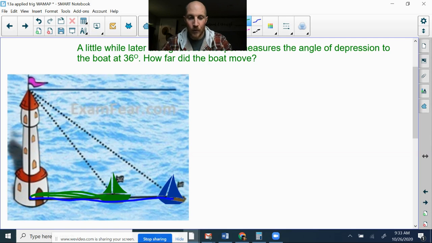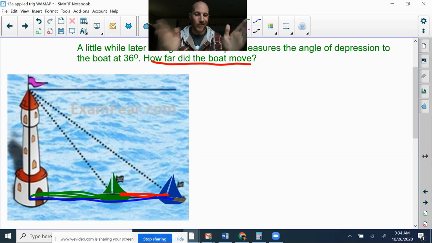Once I have both of those two distances, I can subtract, and that difference will be how far the boat moved. So do the trig once to get the blue distance, do the trig a second time to get the green distance. Those trig ratios are similar, but not related. They're not connected to each other. And then I can subtract to find the difference.